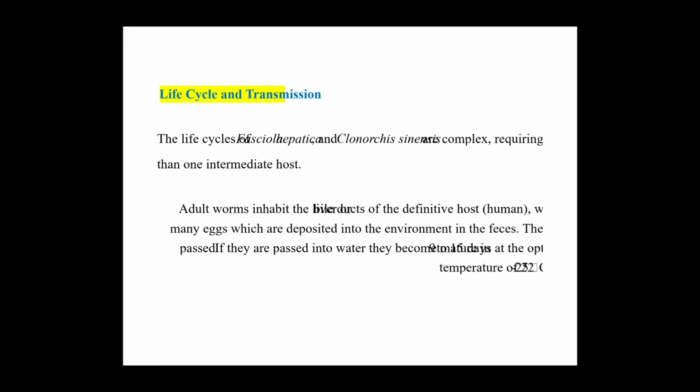We mean it requires more than one intermediate host. The adult worms inhabit the liver or bile ducts of the definitive host, a human.